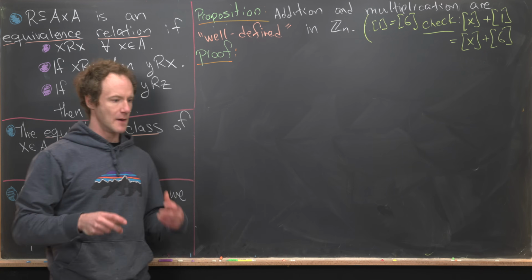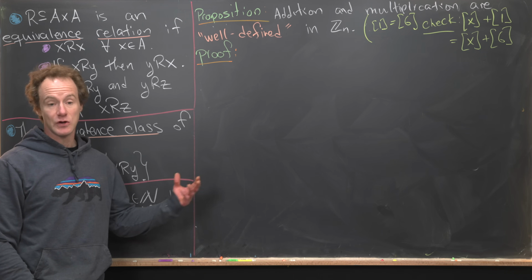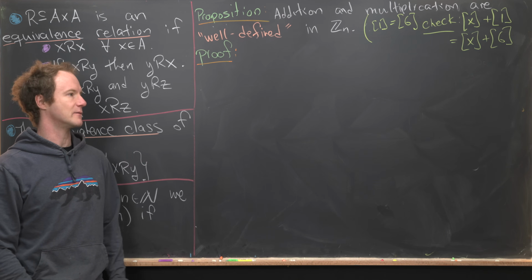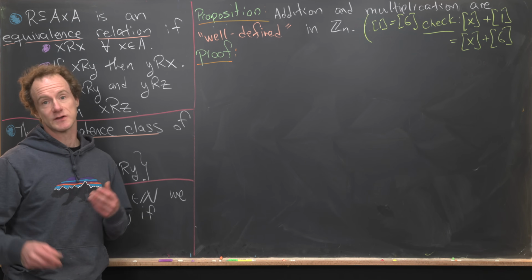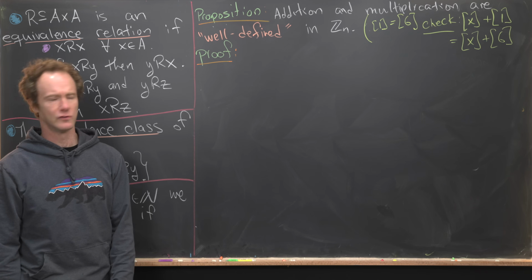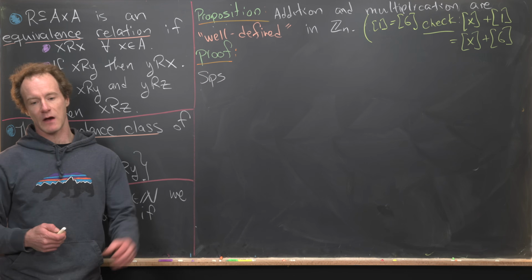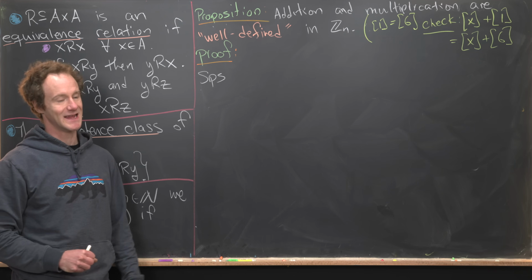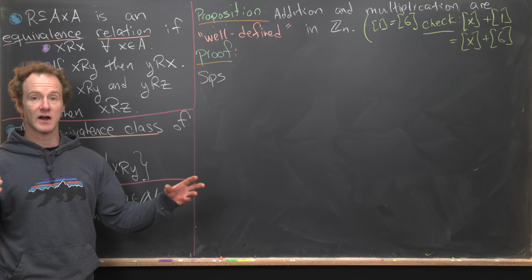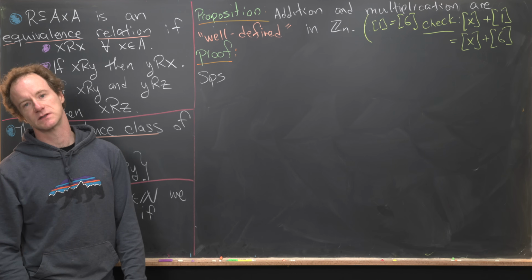Okay, so this is a bit tricky and probably something kind of new, but this is a really, really important idea that you'll see in an abstract algebra course as well. Okay, so let's look at a proof of this. We're going to start off by supposing that we have two pairs of elements in Zn, and those pairs of elements represent different names for the same equivalence class.